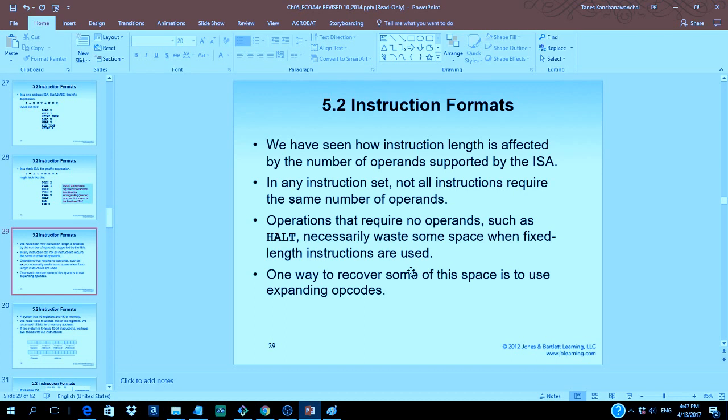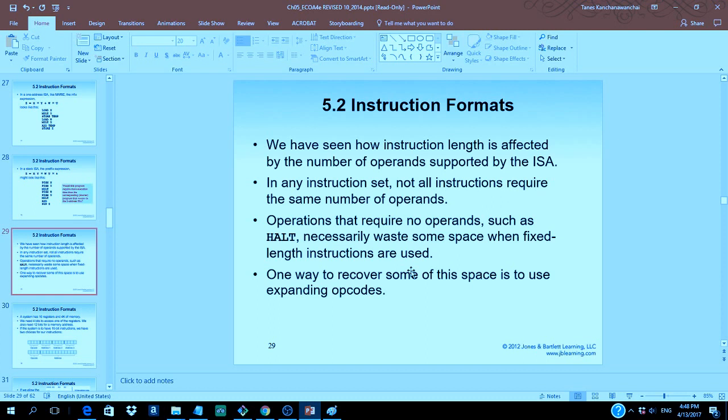All right, so instruction format. Let's look at this. We have seen how instruction length is affected by the number of operands, right? In any instruction set, not all instructions require the same number of operands. You agree?